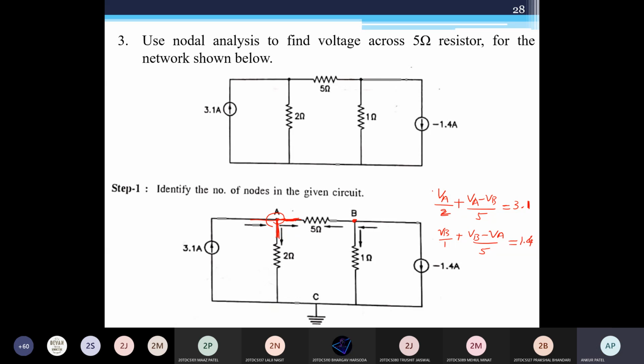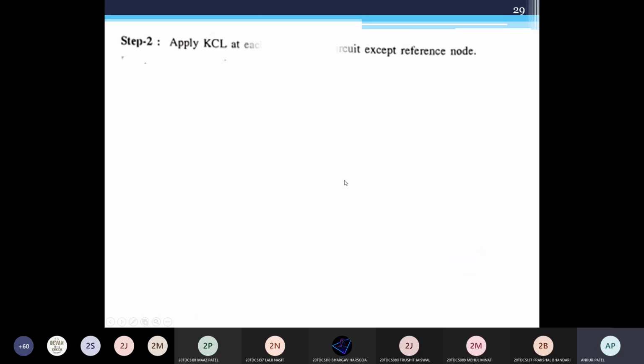You can see the direction is downward, and if you are writing minus 1.4 here, that becomes plus. If your current direction is like this, then you will get this minus 1.4, but it is already taken outward, so that's why we can write 1.4.